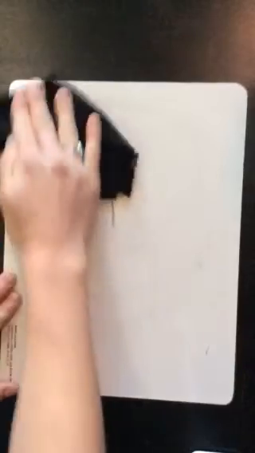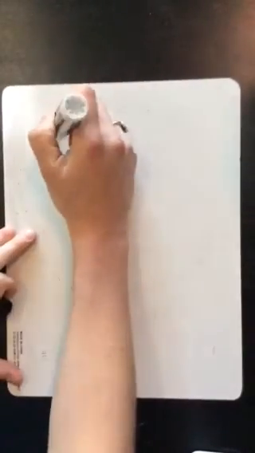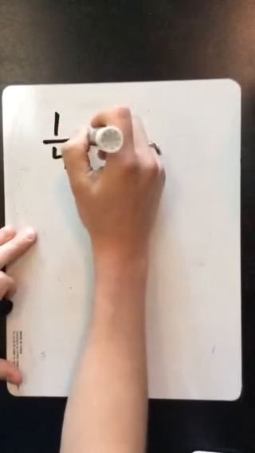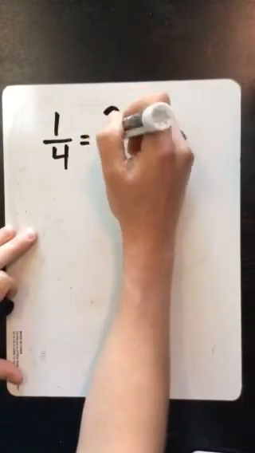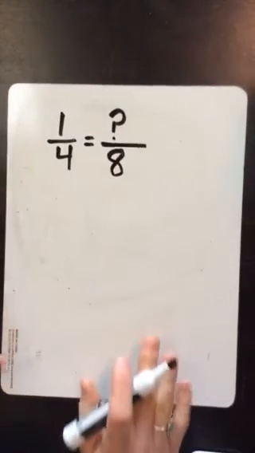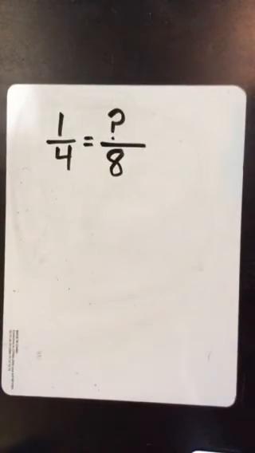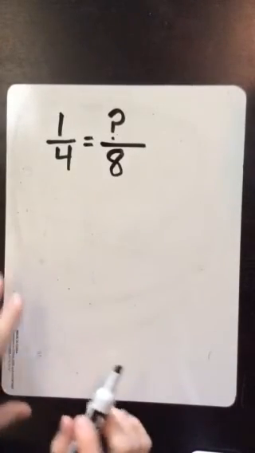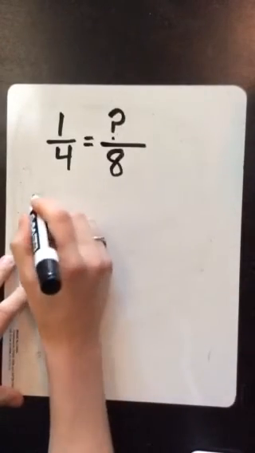So I'm going to represent that numerically. How could I show what I'm trying to figure out? 1/4 is equal to how many eighths? Let's use our strategies that we've been learning to find an equivalent fraction of fourths in eighths.